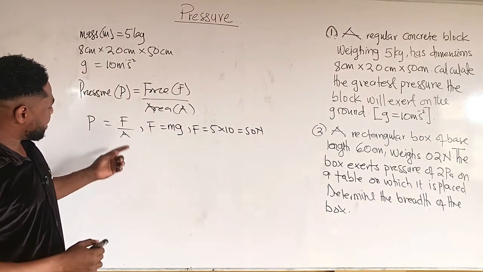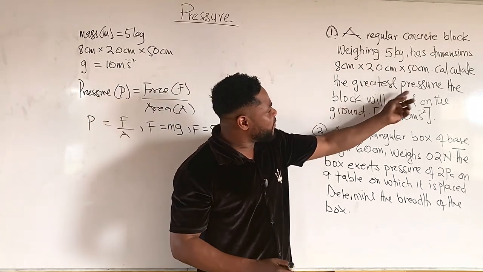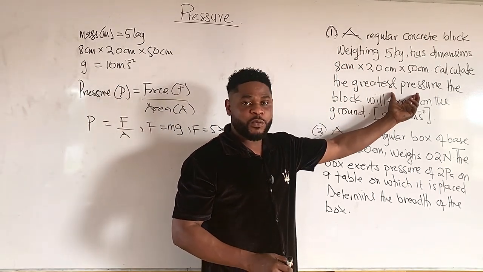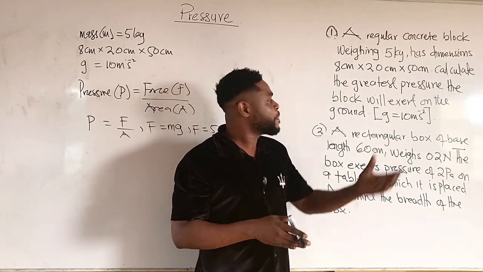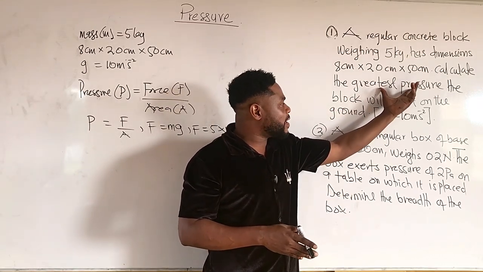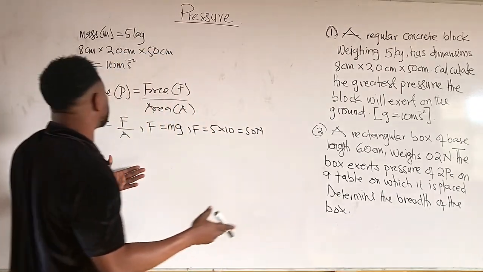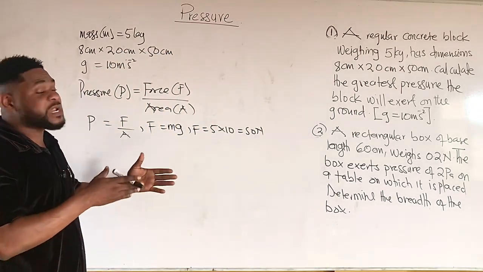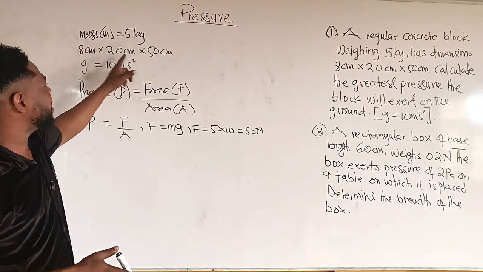Now, our concern here is with the area. Since we are looking for the greatest pressure, we need to know that pressure is inversely proportional to area. So the higher the pressure, the smaller the area. We also know that area is the two-dimensional space occupied by matter. So we are not going to use the 3 dimensions here.